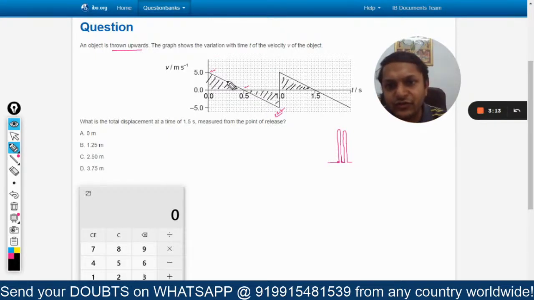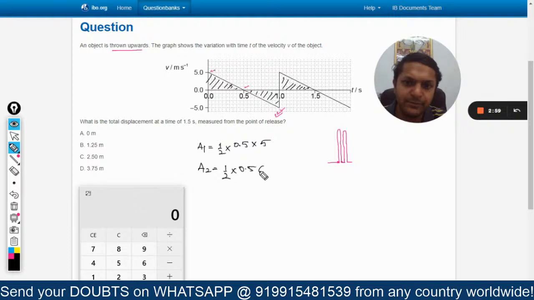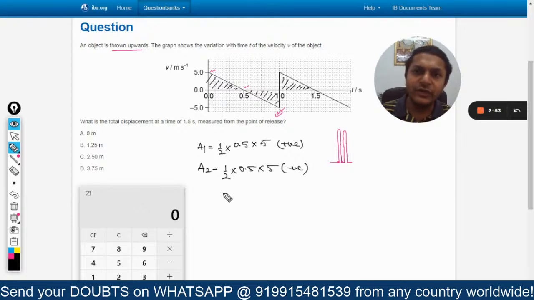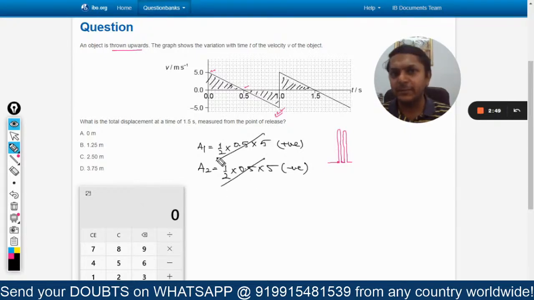Now the area of this triangle, let us say area 1, will be half into base, that is 0.5, into height, which is 5, and area 2 will be again the same, but this area will be positive, and this is going to be negative. So when we add all these three terms, both of these areas will cancel each other.